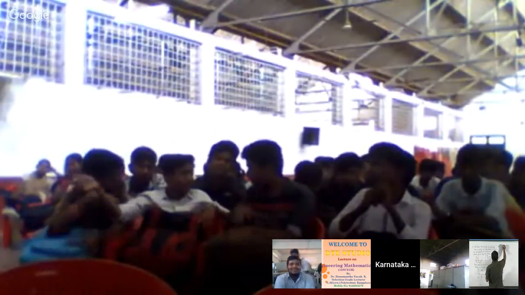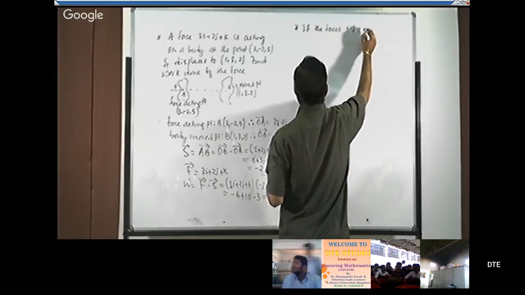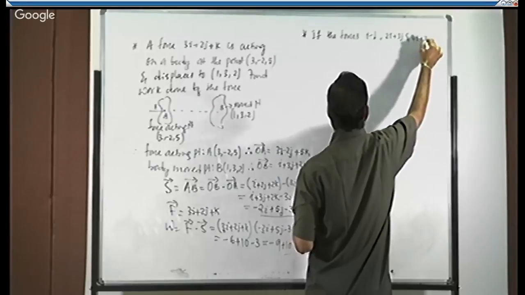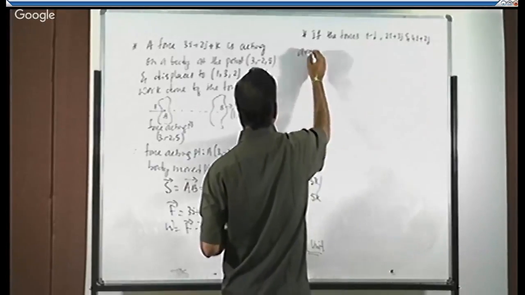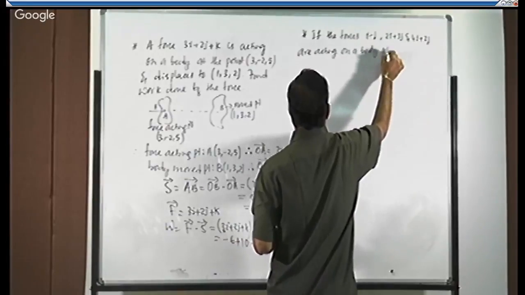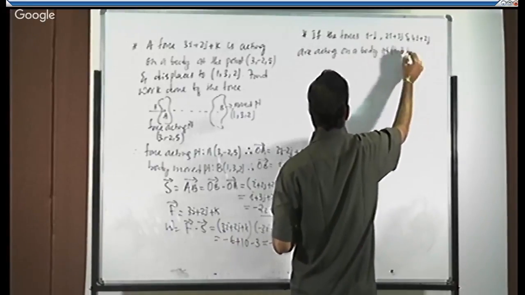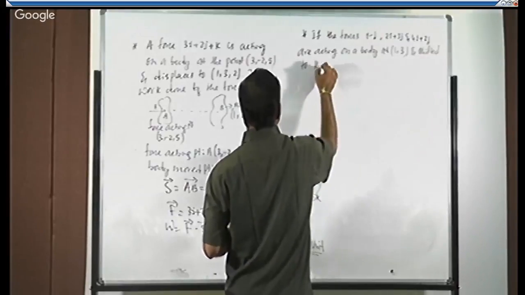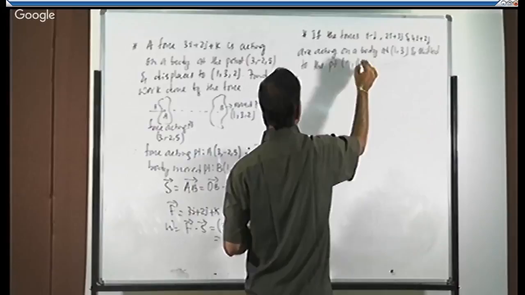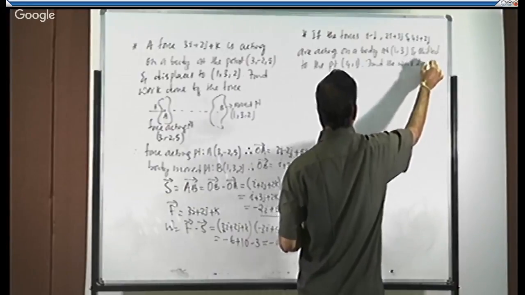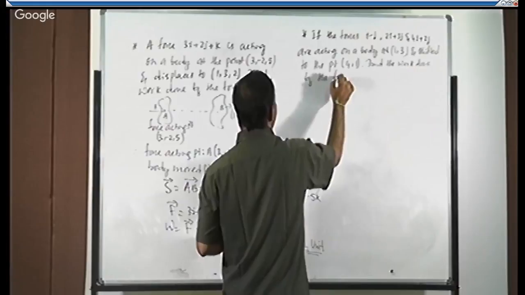See, if the forces i minus j, 2i plus 3j and 4i plus 2j are acting on a body at the point (1, 3) and it is shifted to the point (4, 1), find the work done by the forces.